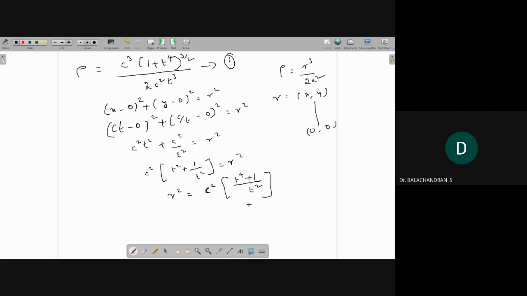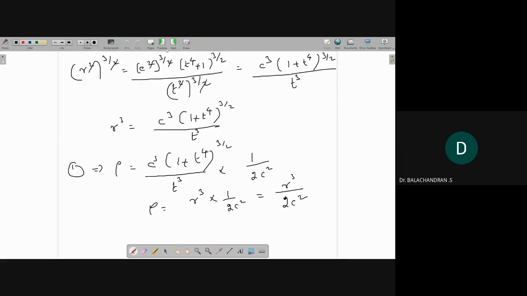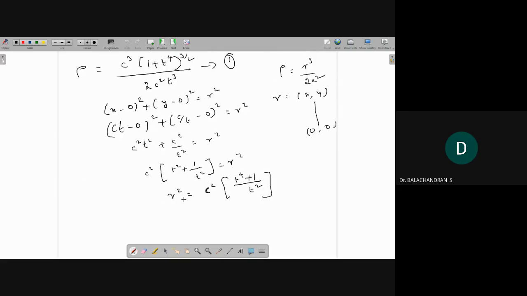But I need r. So that's why I'm going to take whole power 3 by 2 on both sides. I need r cube. We get r square whole power 3 by 2.